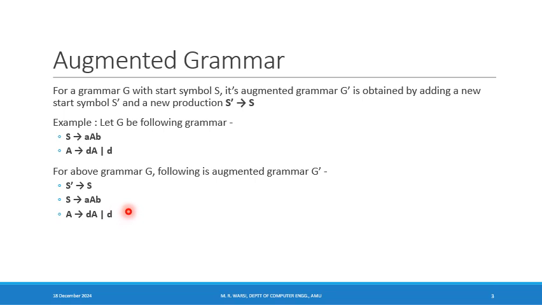The purpose of augmentation is for the parser to know when to stop the parsing. So when reduction based upon this production that has been added takes place, at that time the parser comes to know that the given string is accepted and it was successfully parsed.